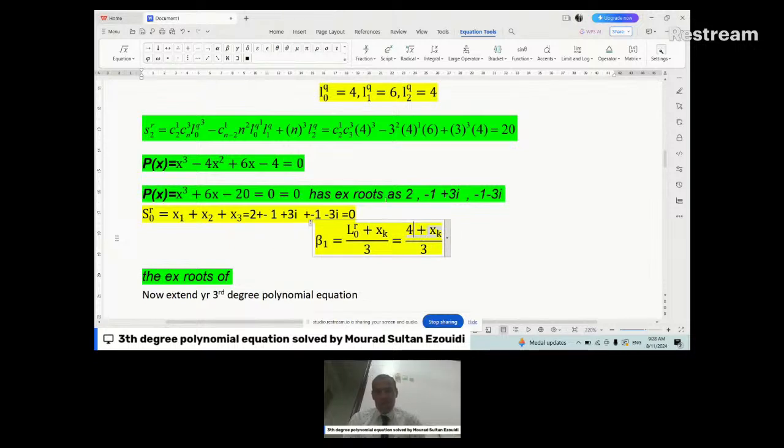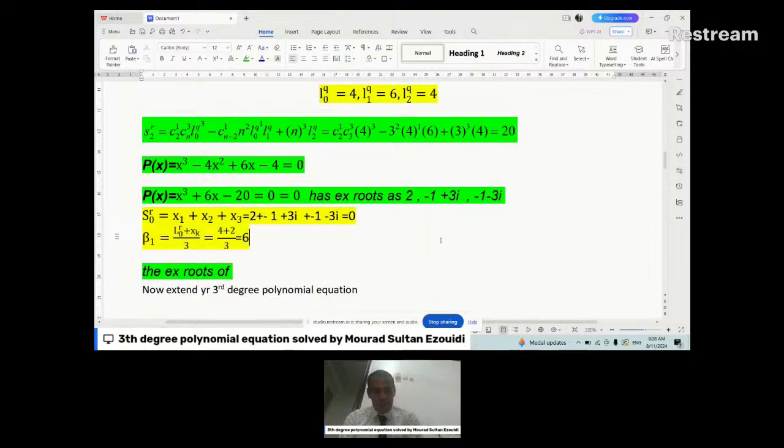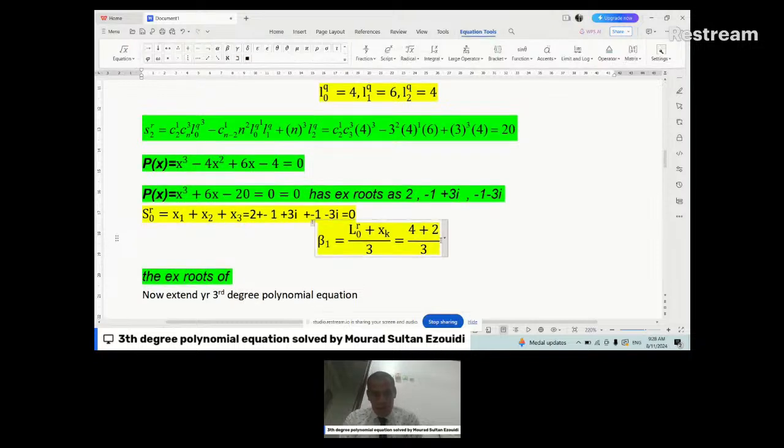I will suppose the first x root is 2, so 4 plus 2 divided by 3 will give you 6 divided by 3, equal 2.